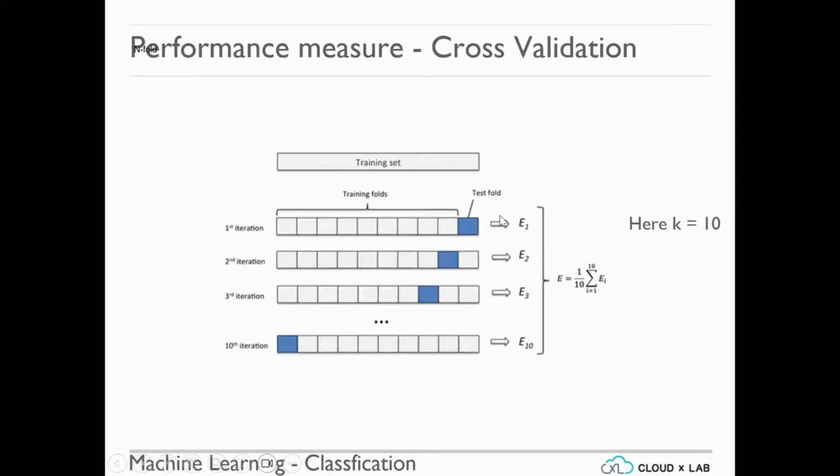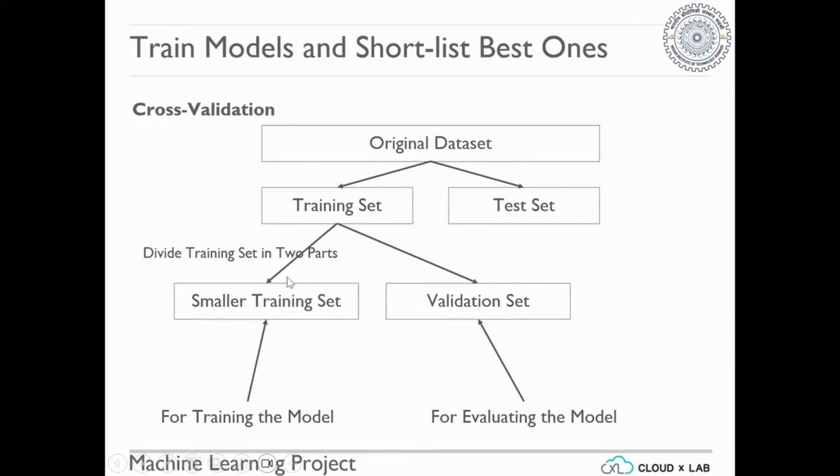Now you will compute error. What you will do is apply the same process. You will use this smaller training set to train your model, and you will calculate model accuracy or model error using the validation set, right?